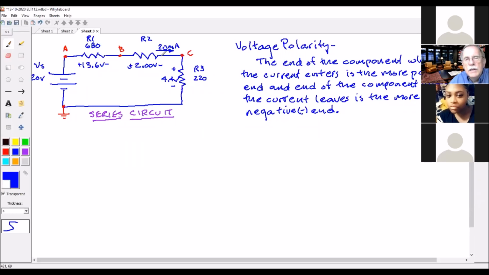And it leaves the right-hand side of R2, which makes that the negative end of the voltage. So if we look at point B in the circuit, it's the negative end of the voltage for R1, but the positive end of the voltage for R2. And sometimes it's important that we know where the positive and negative are.